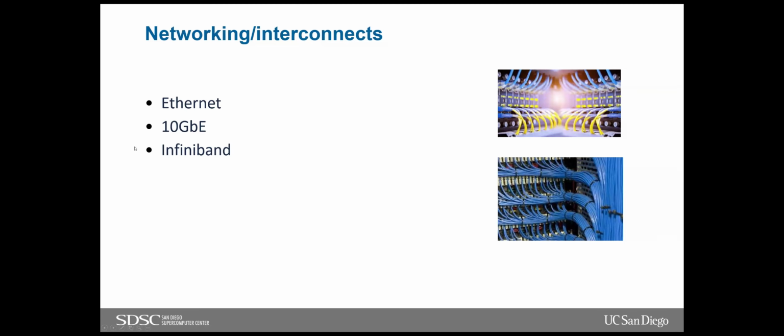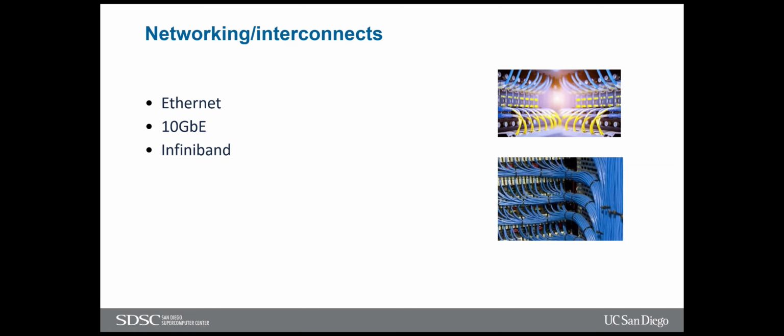On Expanse, we have three: Ethernet, 10 gigabit Ethernet, and InfiniBand. As the name implies, Ethernet has transmission speeds of 1 gigabit per second. It's a switch network, which is nice because it allows switches to be daisy chained together so that you can add additional ports.